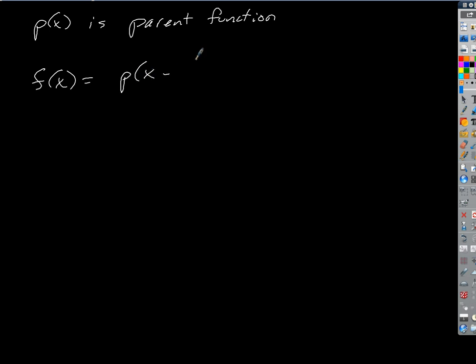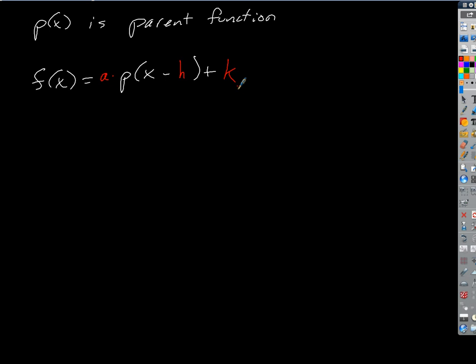So if p of x is the parent function, meaning where we start, then if we want to do some transformations to create a new function f of x based on this, everything that we've done can be summarized by this statement. Okay, so what are the A and the H and the K?